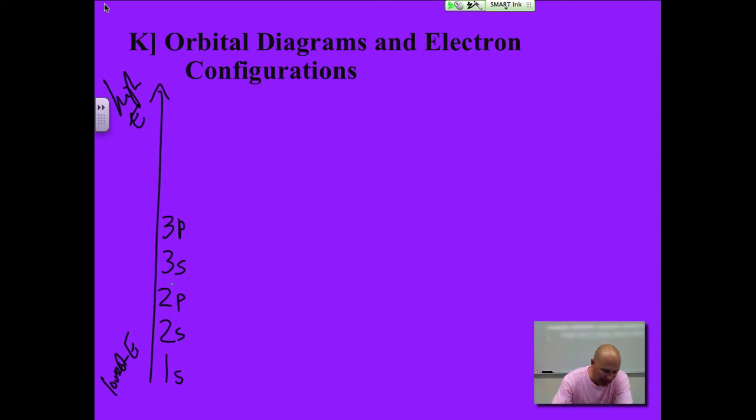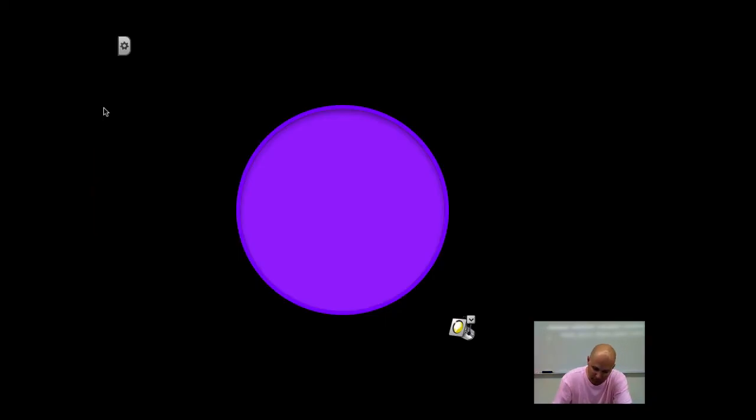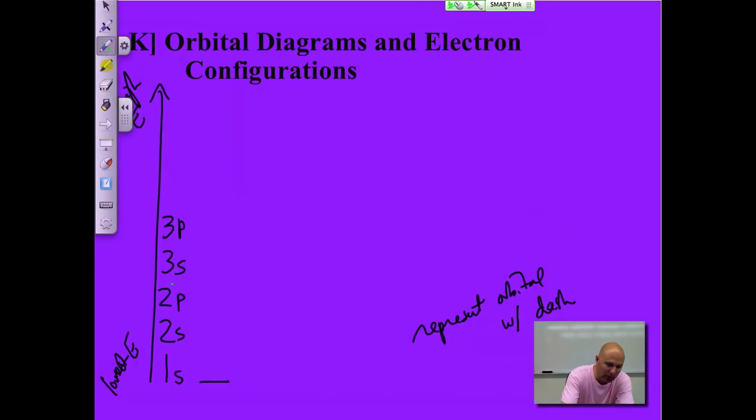So if we want to think about where these things are going, remember how I represent an orbital with a dash, and we represent electrons with arrows.